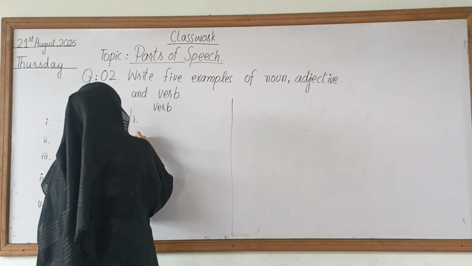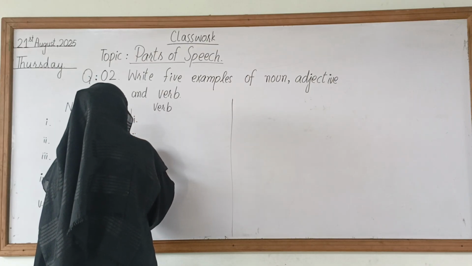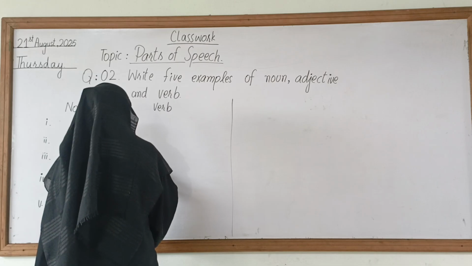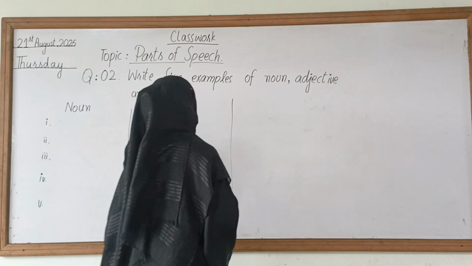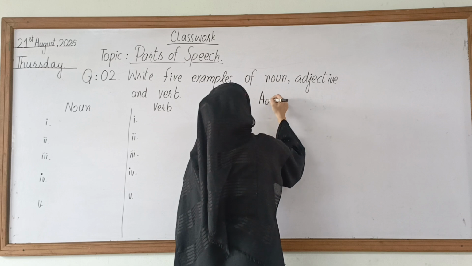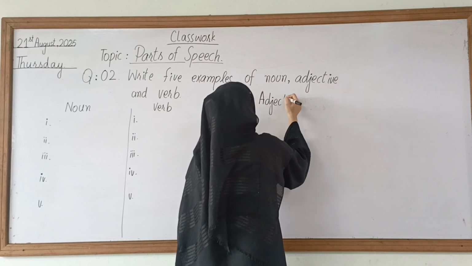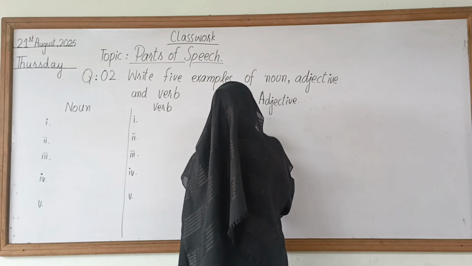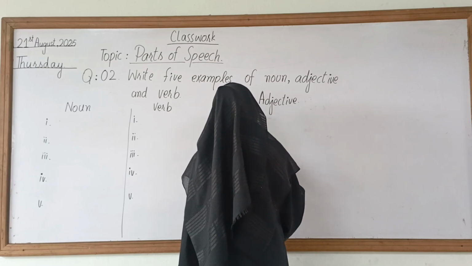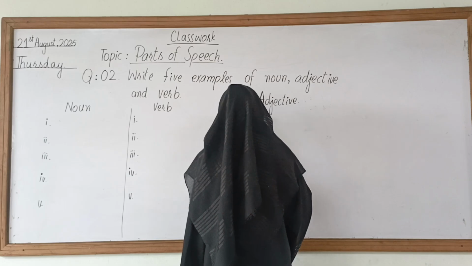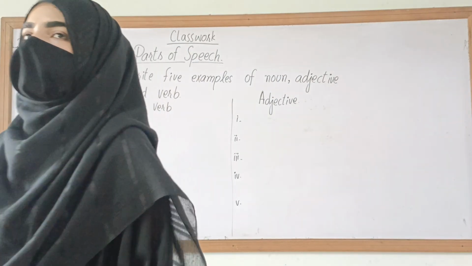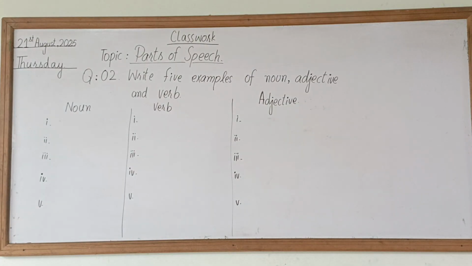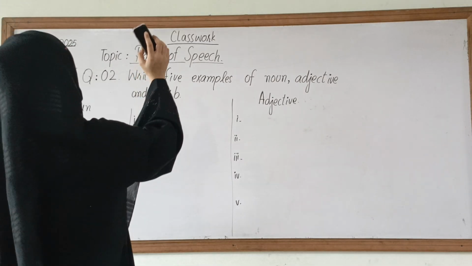Mention 1, 2, 3, 4 and 5. And the third section would be of adjective. Got it? 1, 2, 3, 4 and then 5. So yeah, that's the homework of your today's class. I will be converting it into the homework so that you understand.